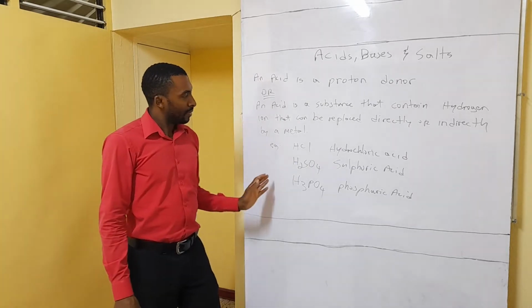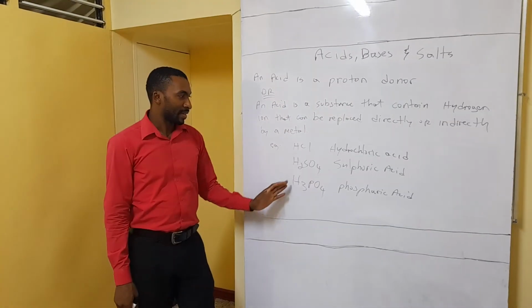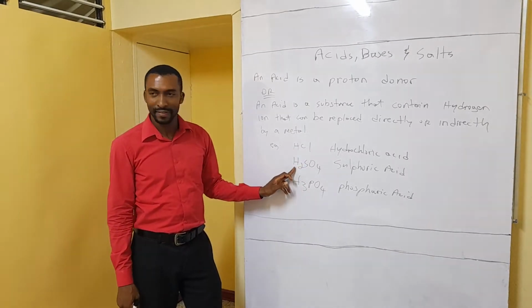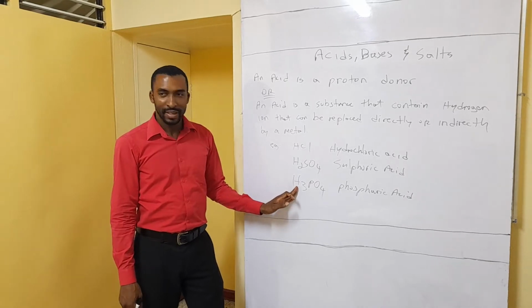These are examples of some acids. As you can see, hydrochloric acid has one proton, sulfuric acid has two protons, and phosphoric acid has three protons.